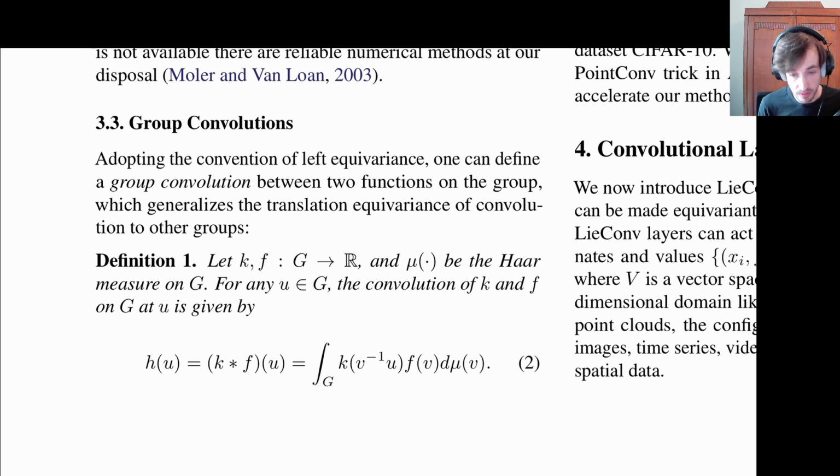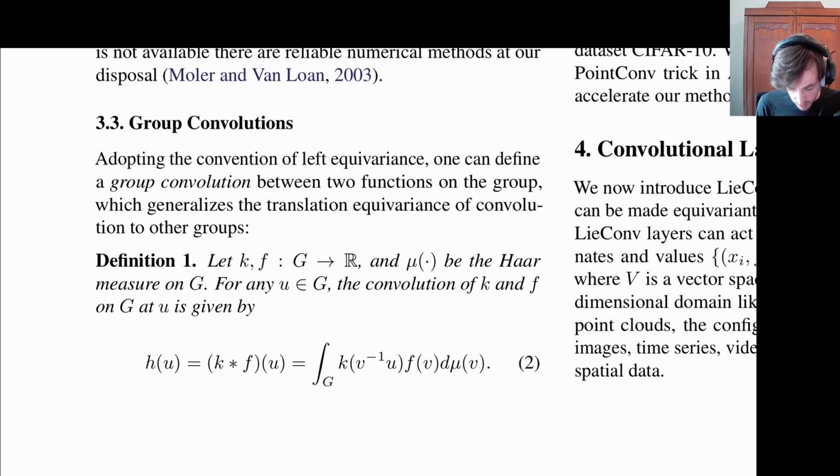So u is a group element coming from our group, a set of elements in the group. We want to sample the output of a convolution response on such a transformation, which means we have to transform a convolution kernel and then integrate it with the underlying signal.